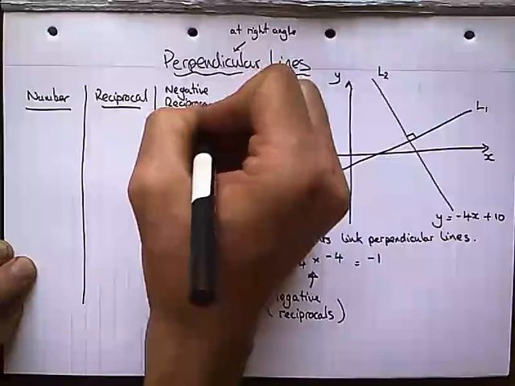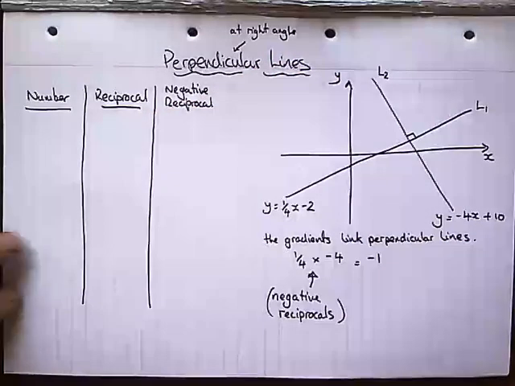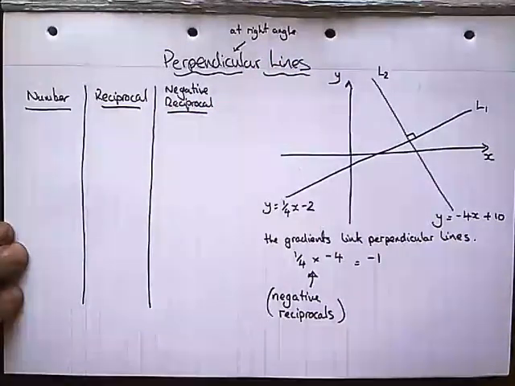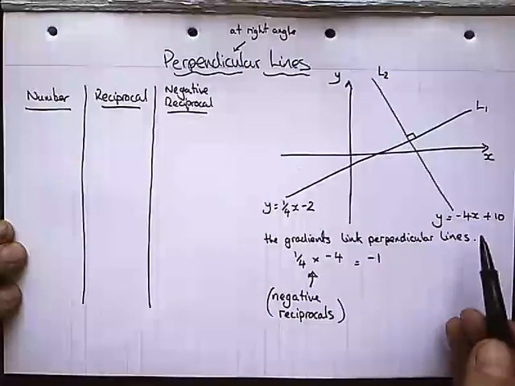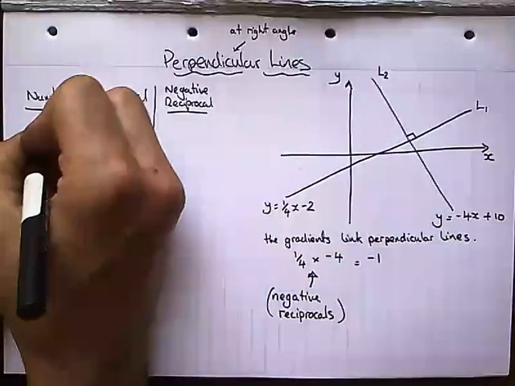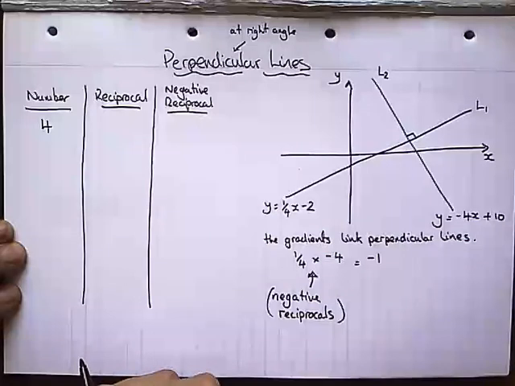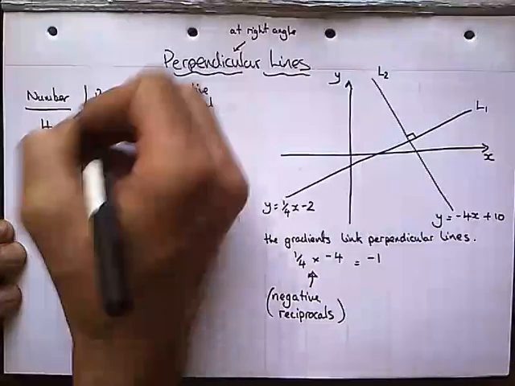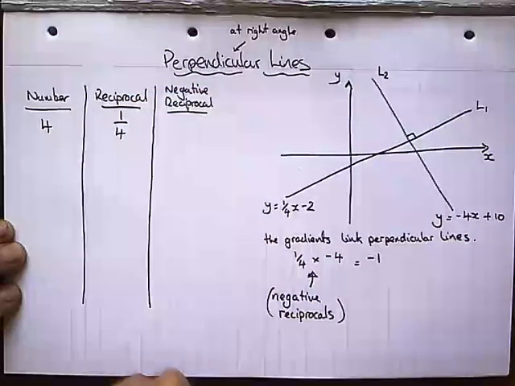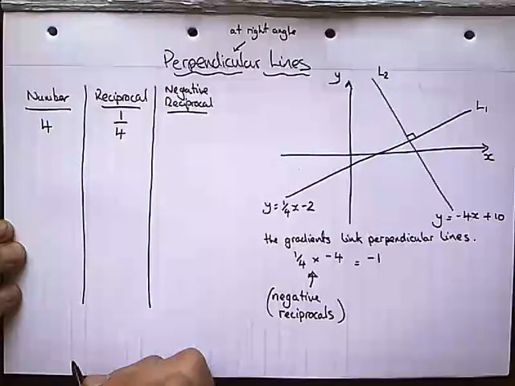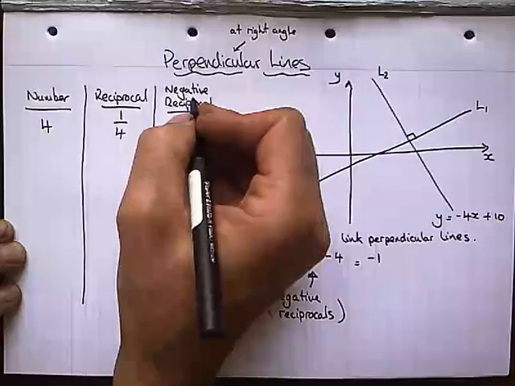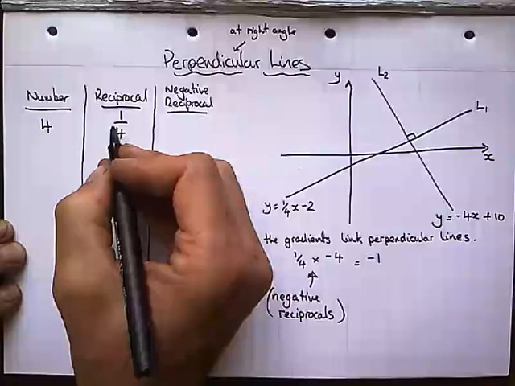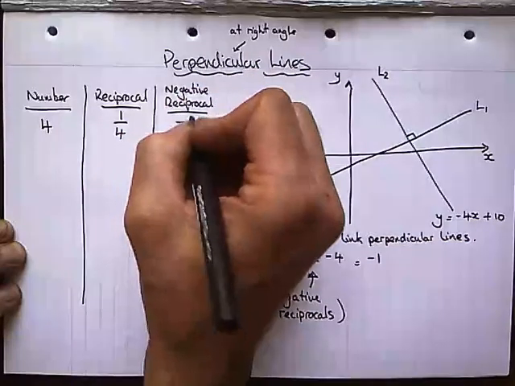And I'm going to go through the rules which we use. Right, if I had a number 4, then the reciprocal of a whole number is just 1 over 4. And the negative reciprocal means I change the sign in front of it. So this becomes -1/4.